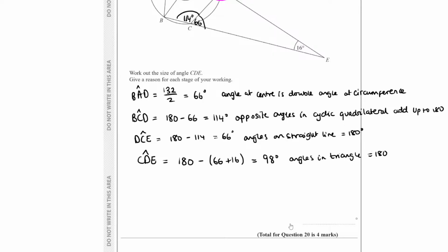So it's up to you. I would say definitely write down the circle theorems, maybe these two. But I don't think you necessarily have to write down all of this information, even though it technically asks for one reason every stage.